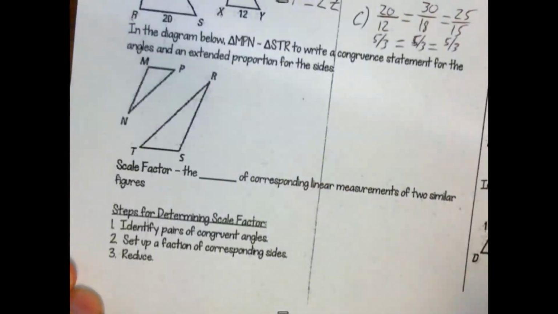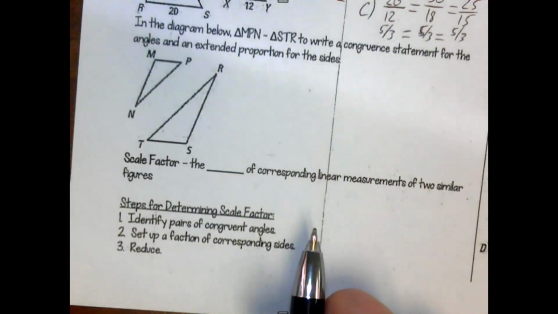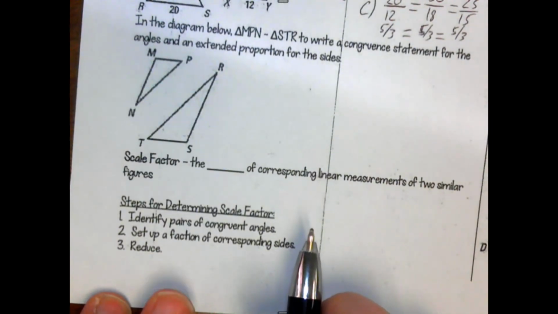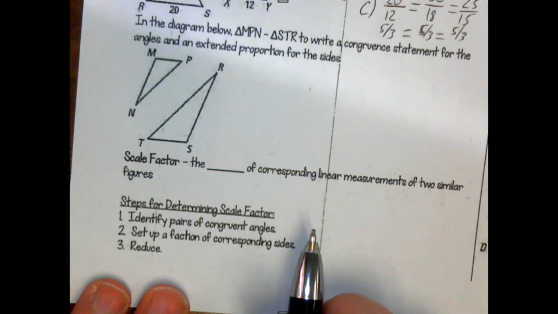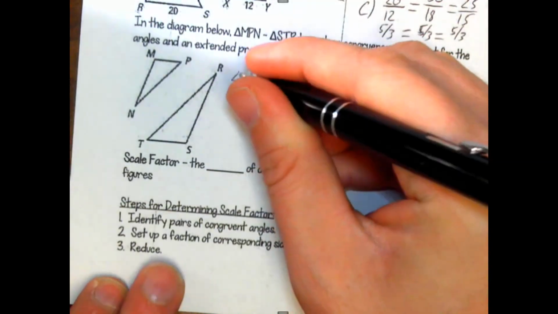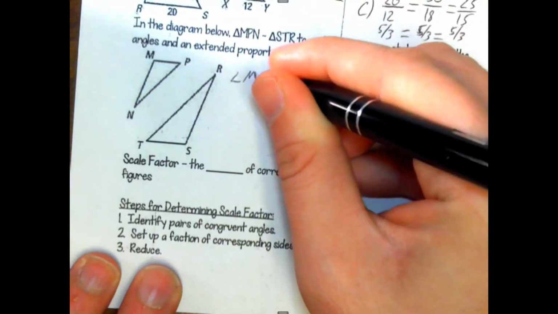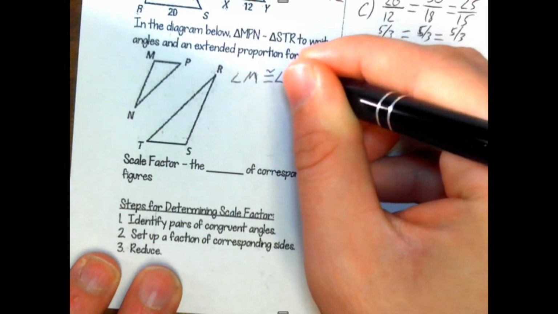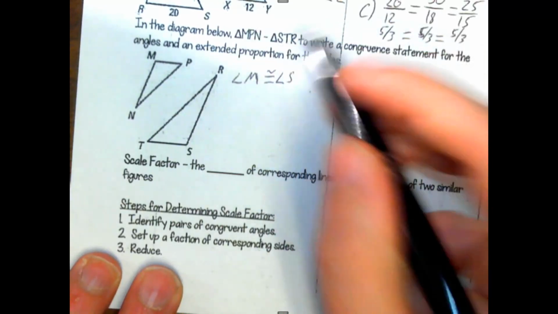Okay, in this diagram below, triangle MPN is similar to triangle STR. Write a congruent statement for the angles and an extended proportion for the sides. So again, the angles, we're just going to match up the letters. Angle M is congruent to angle S because they both come first.